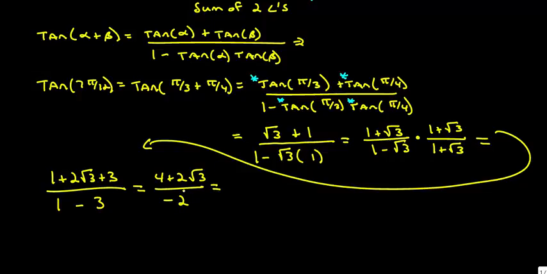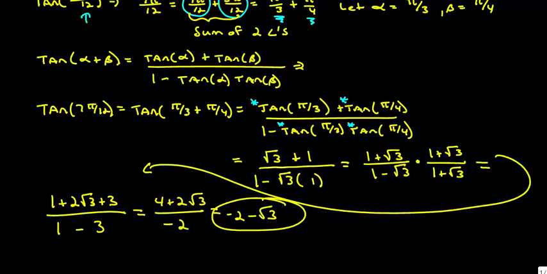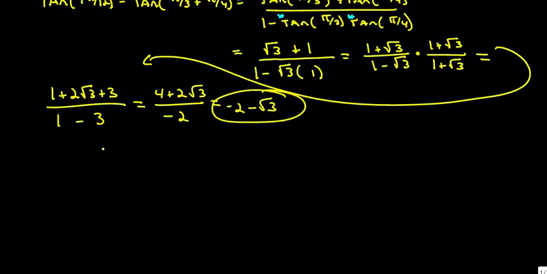So when I divide everything by negative 2, I end up with negative 2 minus the square root of 3. This number should be the tangent value at 7 pi over 12. Let's think about whether that makes sense. If I look at where 7 pi over 12 is, here's 6 pi over 12, which is pi over 2, so I'm just a little bit more.